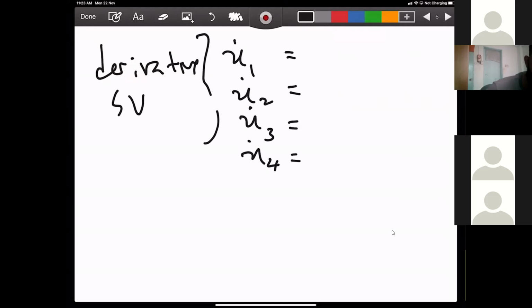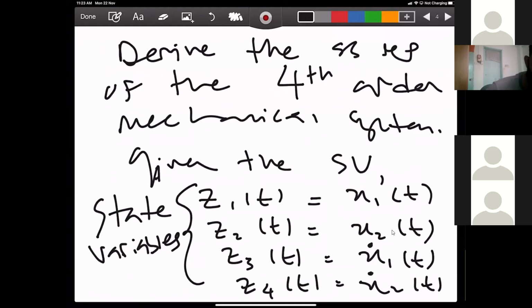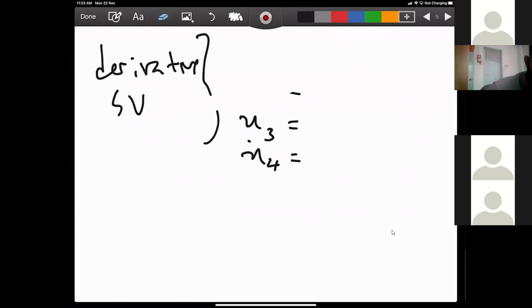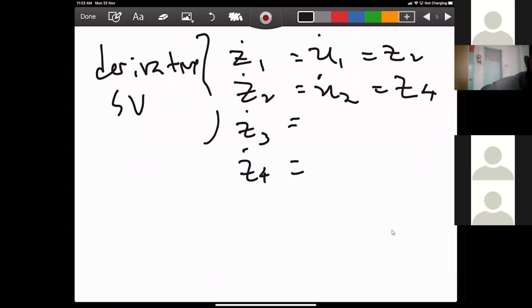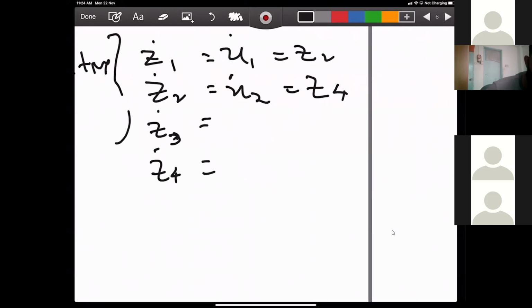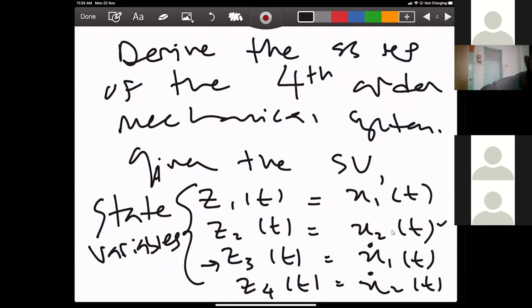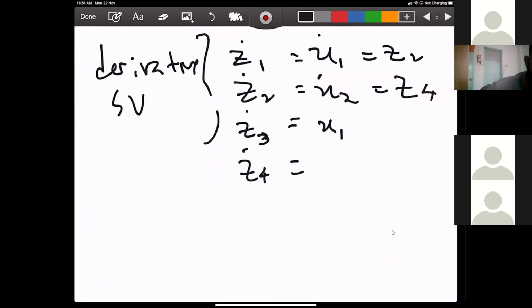So z1 dot is what? z1 dot is x1 dot, which is equal to z3. z2 dot is x2 dot, which is equal to z4. Next, z3 dot is x1 double dot. Then z4 dot is x2 double dot.